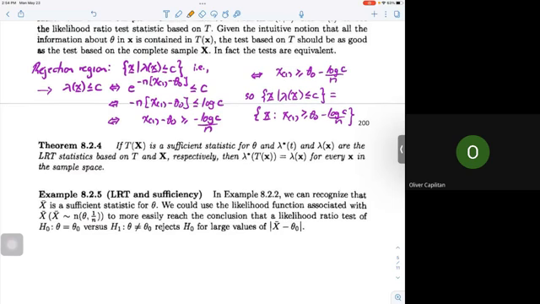If T of X is a sufficient statistic for theta, and lambda star of t and lambda of x are the likelihood ratio statistics based on the sufficient stat t and the sample x respectively, then these two, itong dalawa pala, pareho, equal.